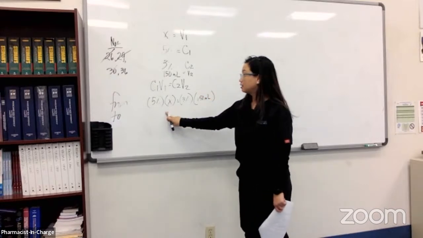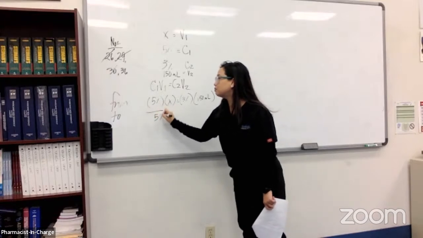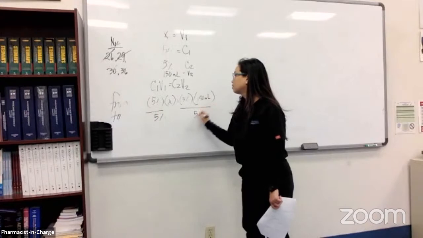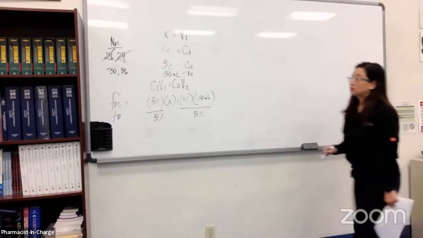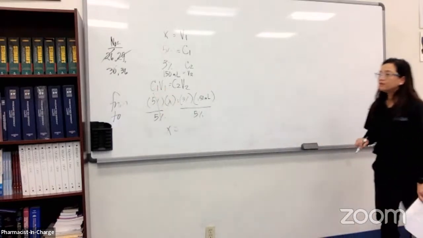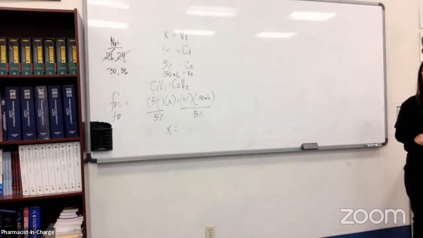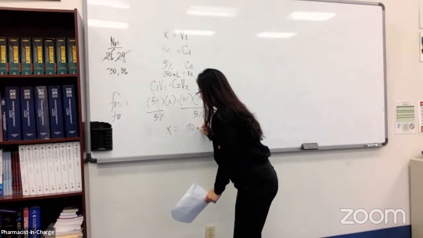Okay. Because this has the X, I have to divide both sides by 5. You see that? Last year. So this will be X equals 3 times 150 divided by 5, should be, what is it? 90. 90 what? 90 ml.